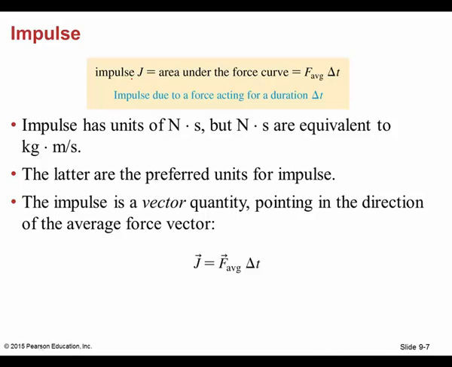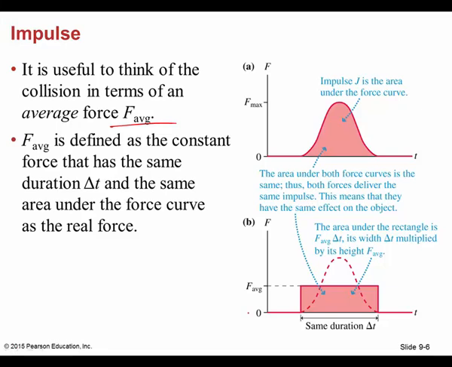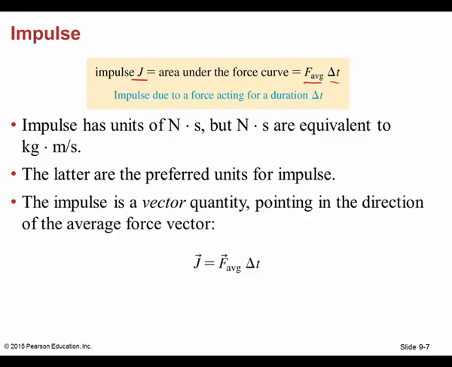So we just say that impulse J is the area under the force curve, and of course that's force versus time. So in other words, we multiply the force times the time, because look, that's the area, the force right here times the time, okay? That is impulse, okay? There it is.